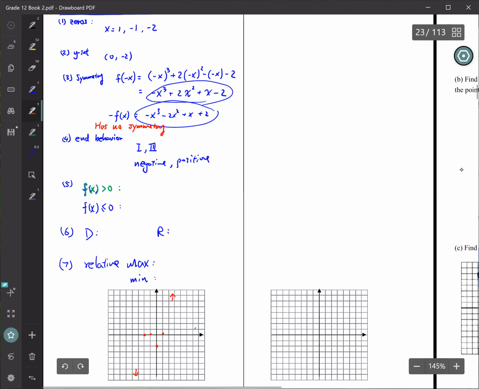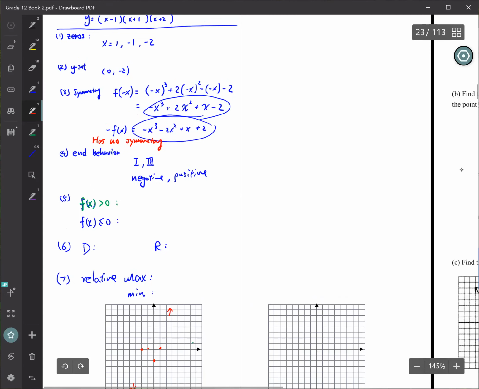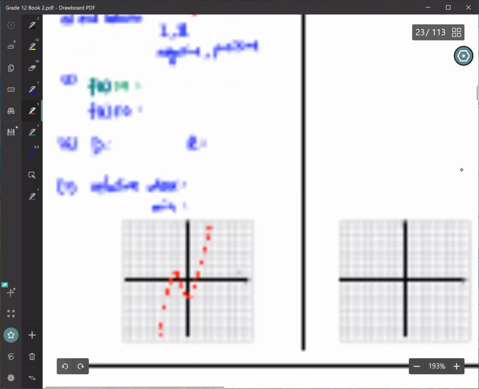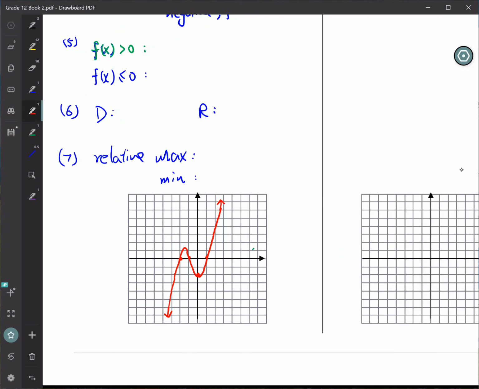There are no bounds, this one doesn't have any bounds, so we just go through. We don't know how high it goes; we'll find out with decimals. It goes down through the y-intercept and then up. Based on this, what's the answer for number 5? The first part, the green part, greater than 0.